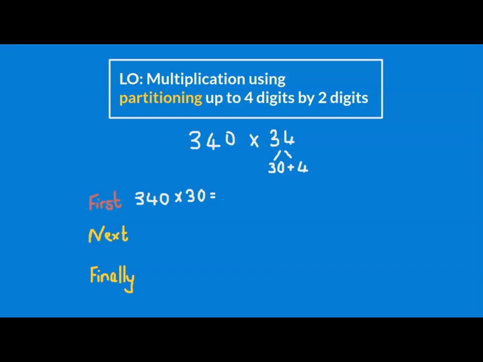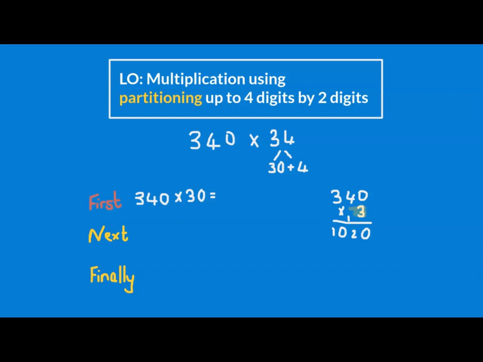Some of you can do this in your head, but others might be better off writing it down. 340 times 3 to begin with. So far we've multiplied it by 3 only.